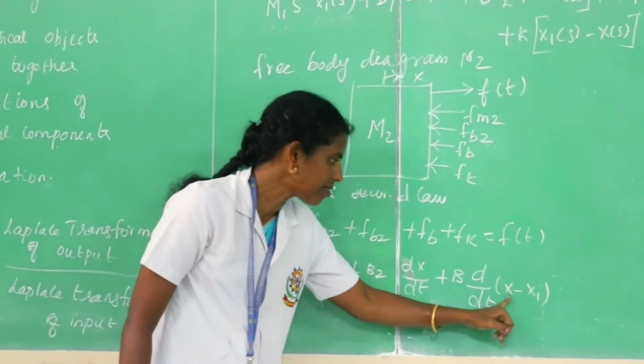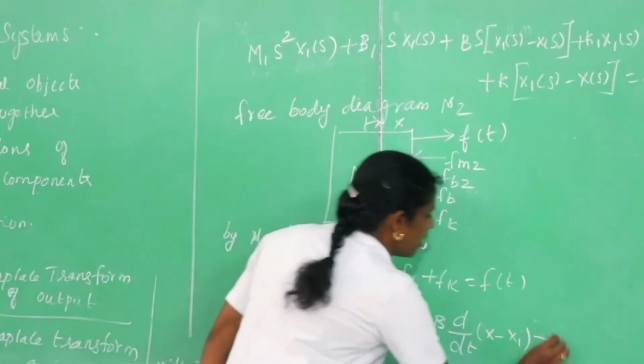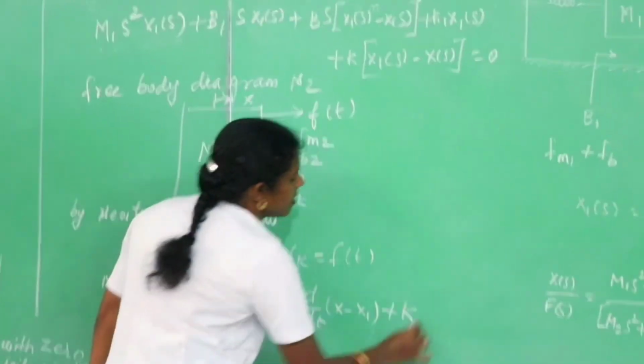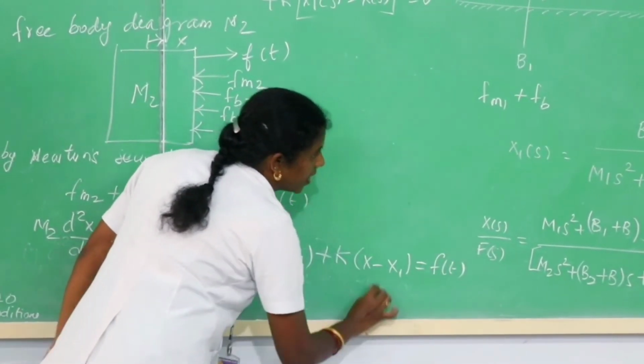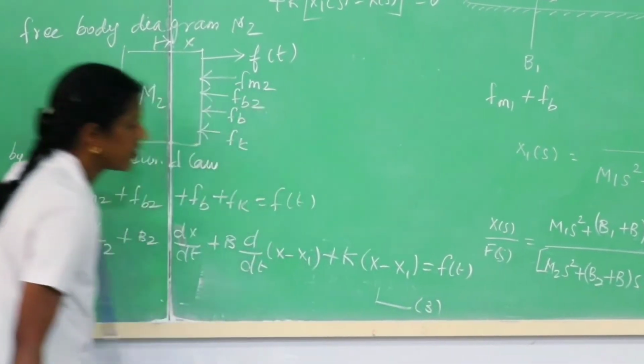So, this becomes (x minus x1), plus k into (x minus x1), this is equal to f of t. You can consider this as equation 4.